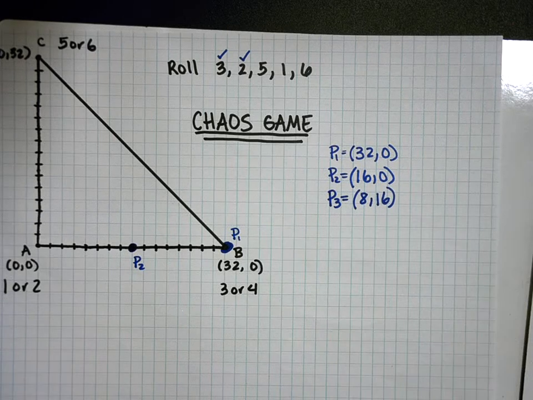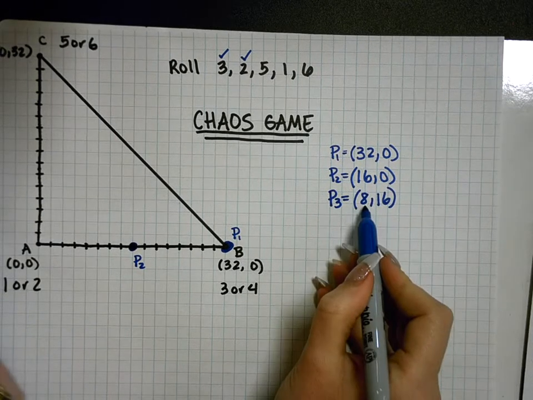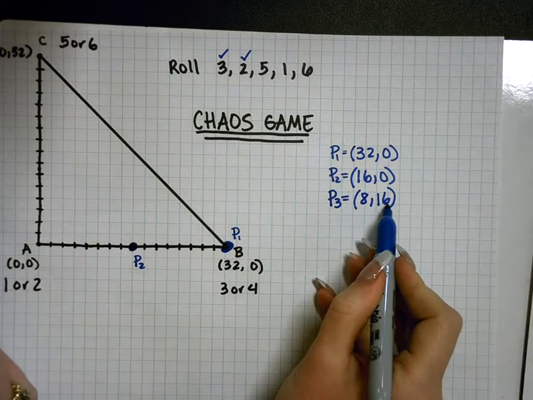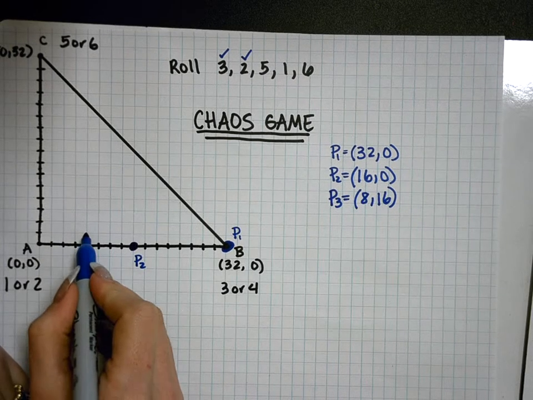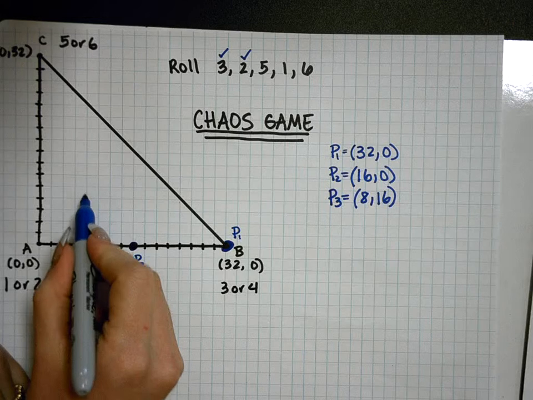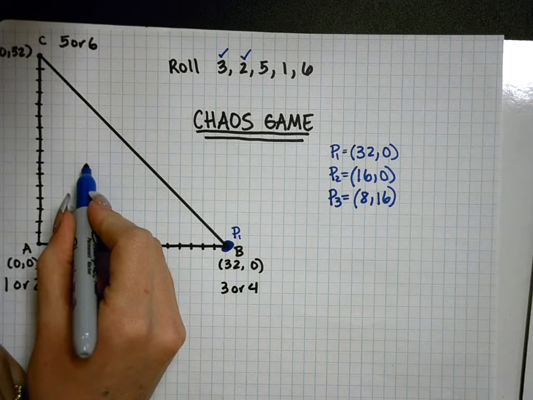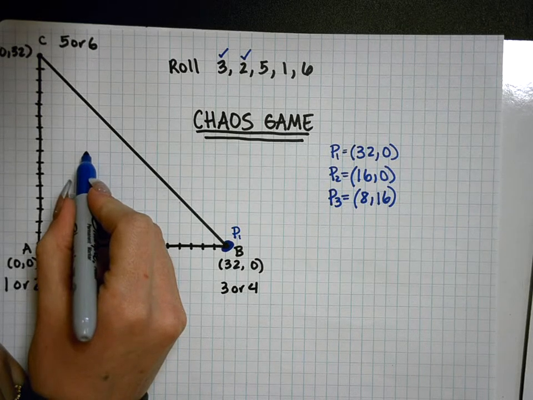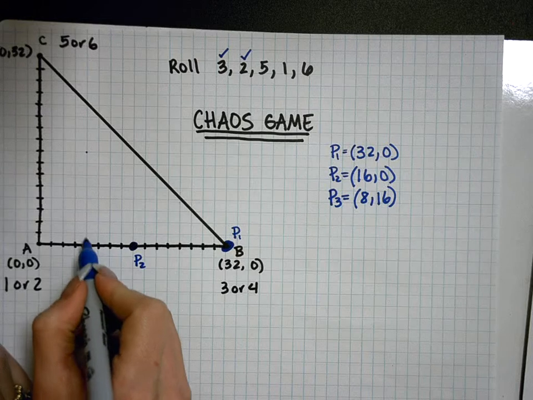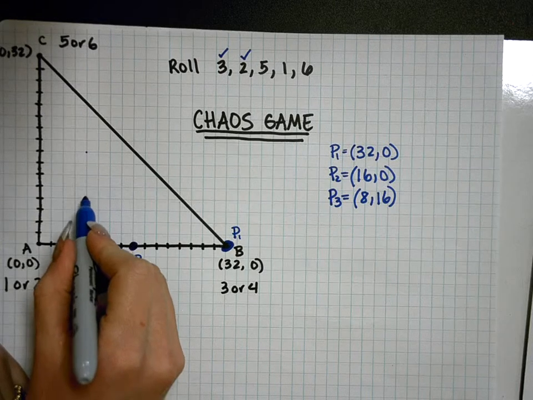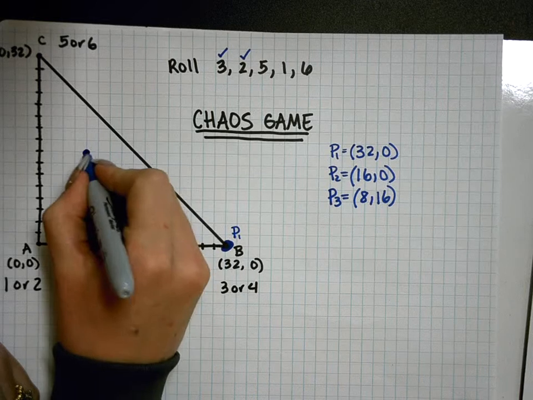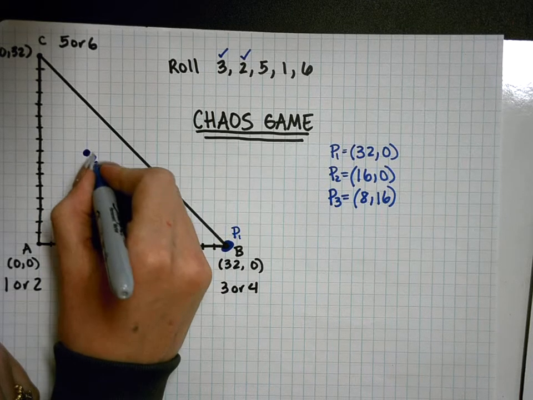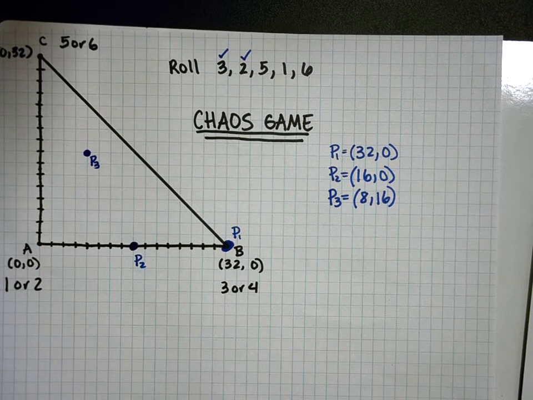And then I'm just going to plot that. I'm going to plot the x part and then the y part. So 2, 4, 6, 8, and then 2, 4, 6, 8, 10, 12, 14, 16. Should be right there. Yes. So this is my third point right there. 8, 16.